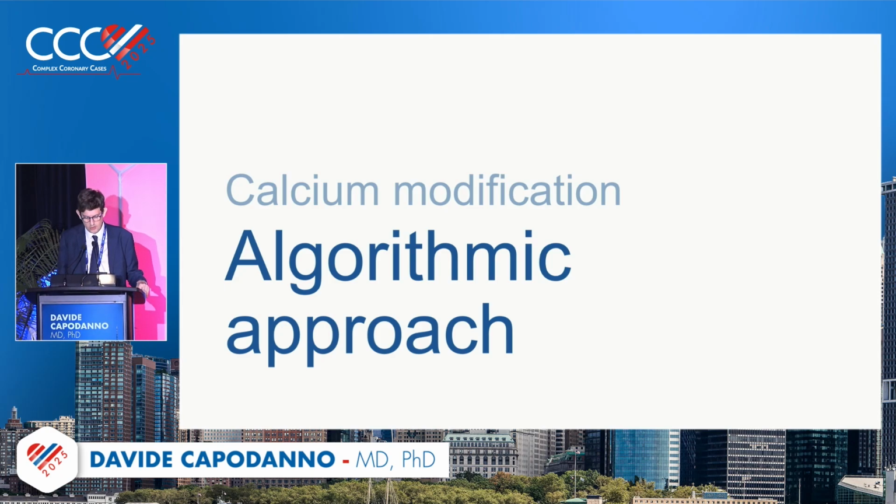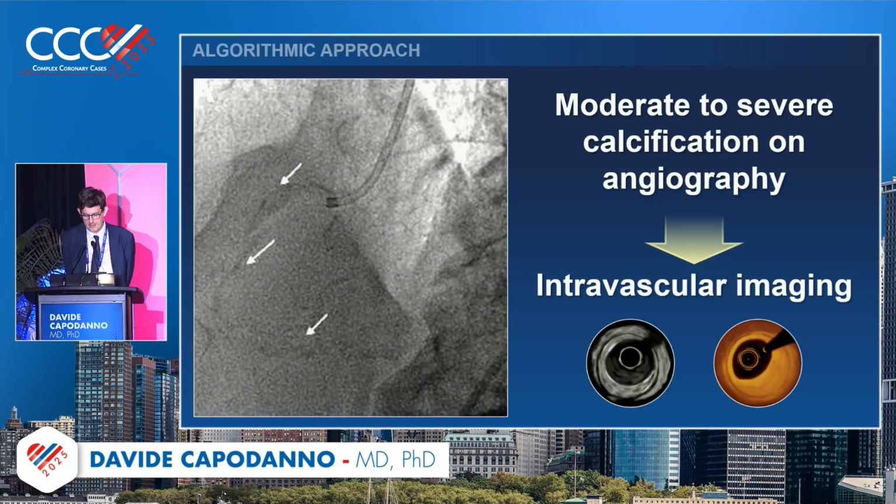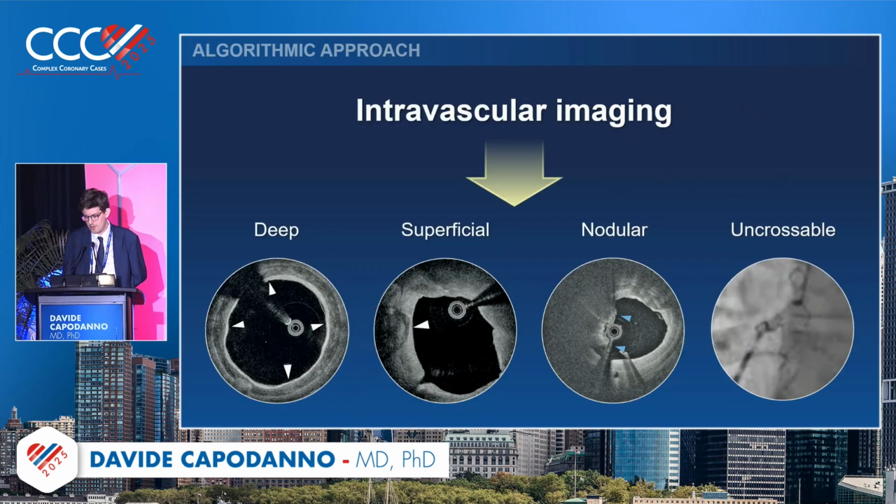So finally, I would like to show the algorithm approach that perhaps you may keep in mind when it comes to selecting a technique, because there are many, and therefore they can generate some level of confusion. I think the starting point is angiography, where you see moderate to severe calcification, like in this picture, and then you do intravascular imaging, or you try to do it. And of course, you may have these four situations: deep calcium, superficial calcium, nodular calcium, or the device doesn't cross, which is something that may happen as well.